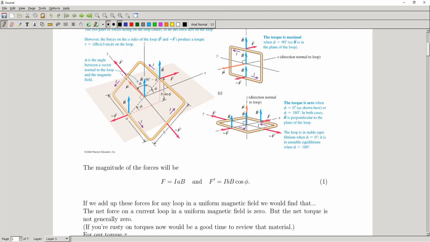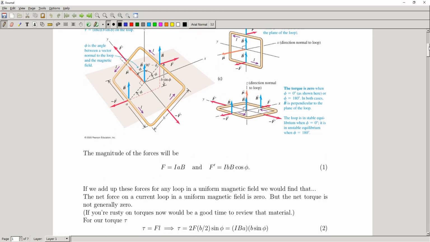We're going to look at the magnitude of these forces, because that's going to help us come to a better understanding of what these torques are going to be. The force F is the force acting in the positive and negative x direction here.